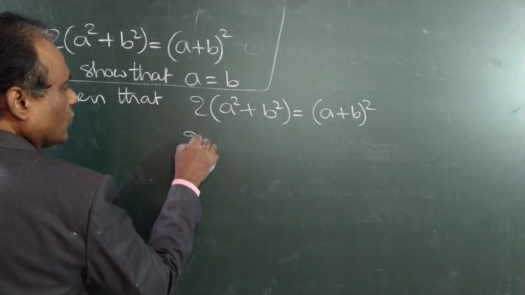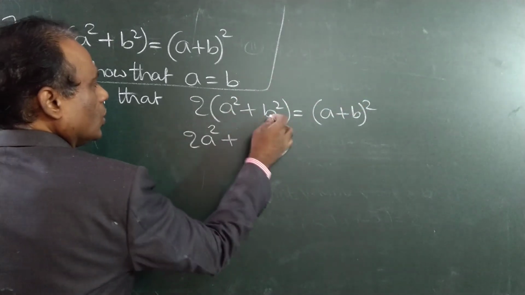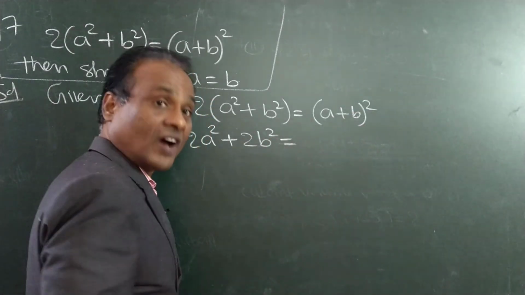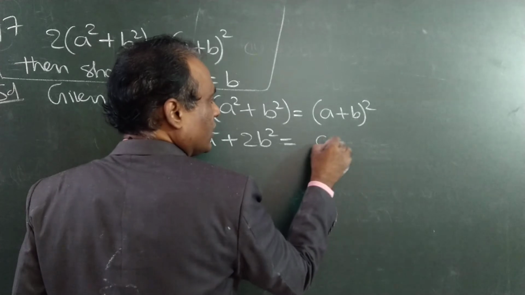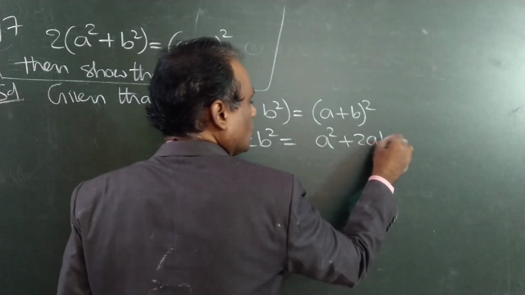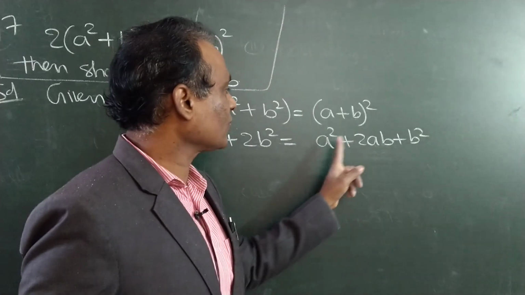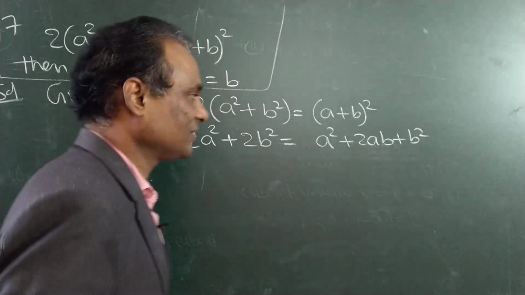2 into a square is 2a square, 2 into b square is 2b square, and a plus b whole square formula is a square plus 2ab plus b square.